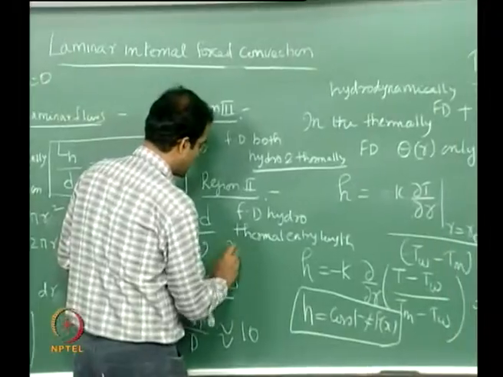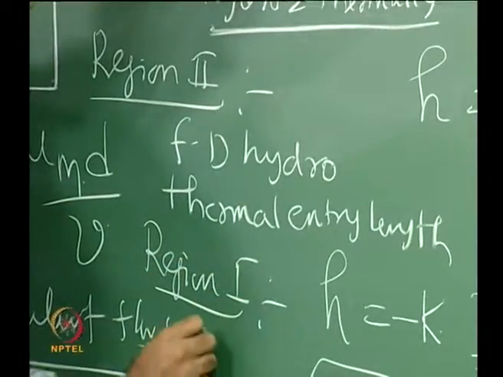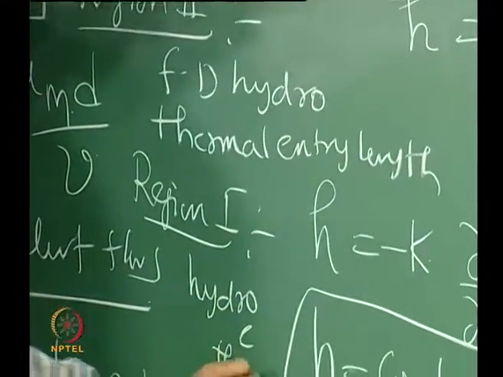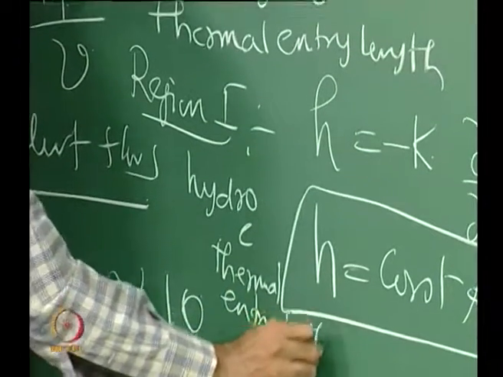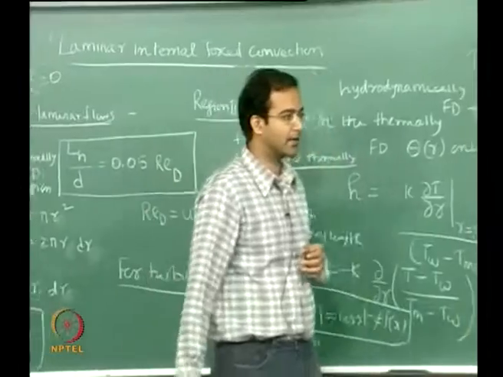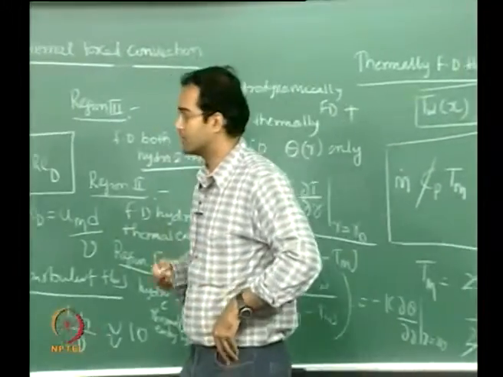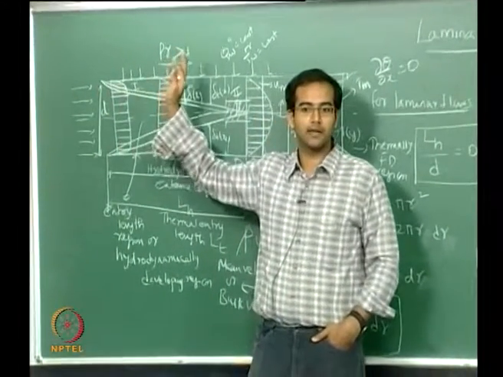Finally, the most complicated region is region number 1, where you have both hydrodynamic and thermal entry length. In this region you cannot get a good closed form analytical solution. You have to solve the complete Navier-Stokes equation, because you cannot neglect any terms.